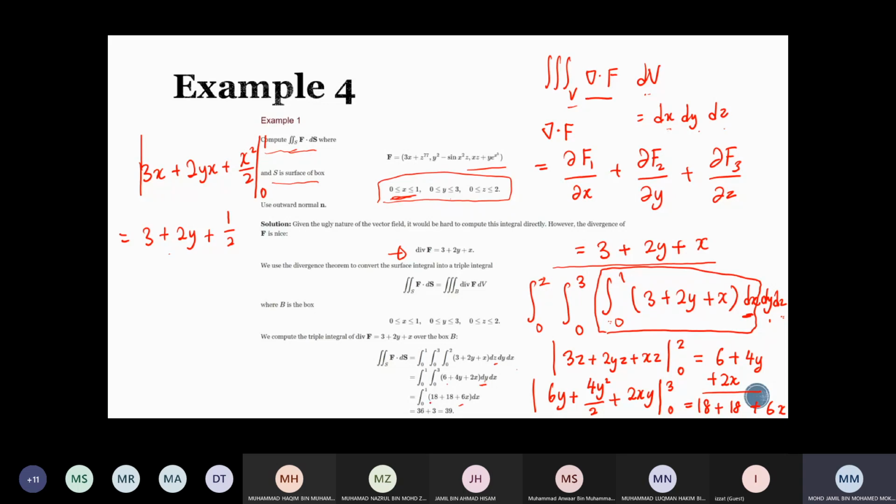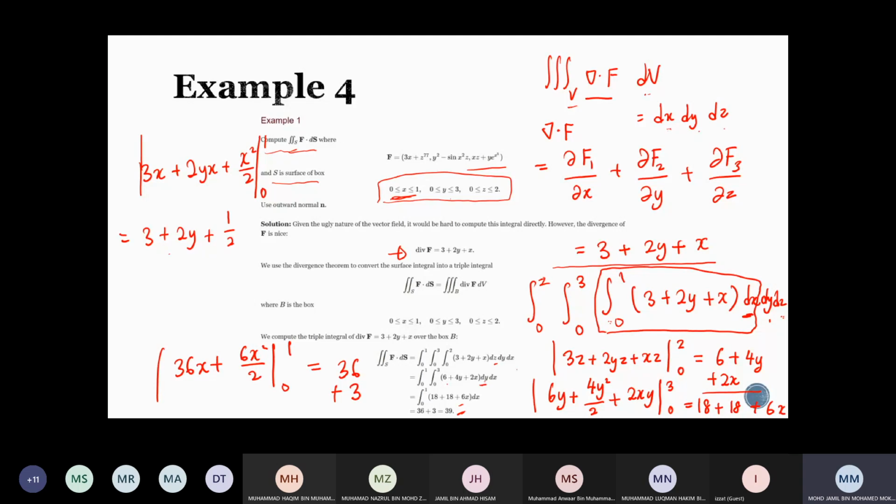And then lastly, you integrate with respect to x. Here you get 36x plus 6x squared over 2, calculate from 0 to 1. So you end up with 36 plus 6 over 2, 3, so you get 39.